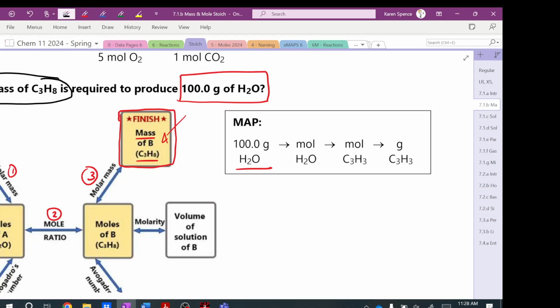So let us start with, we want to find the grams of C3H8. And we're starting with 100.0 grams of H2O. You are not required to draw the map, but if you find you're not getting the correct answers, I would advise doing it.